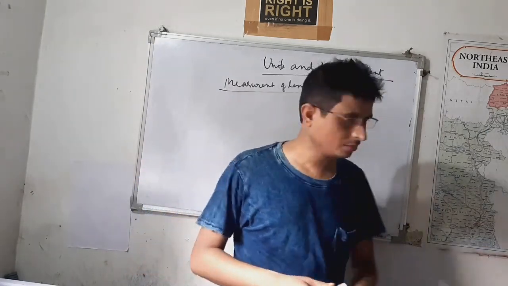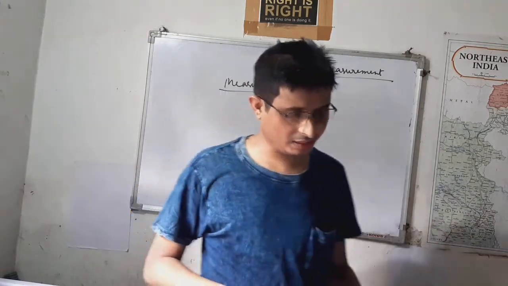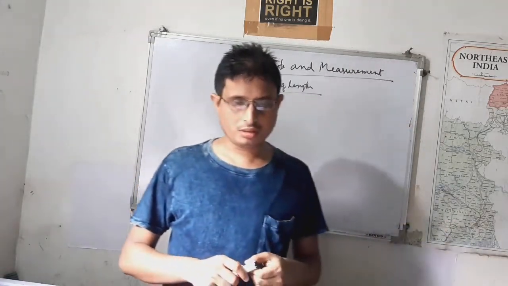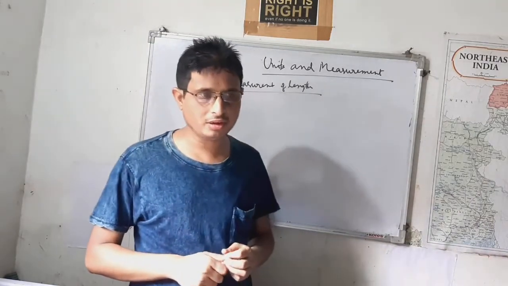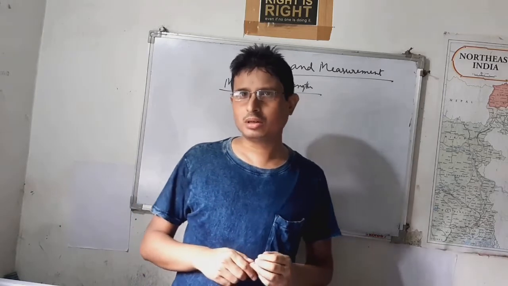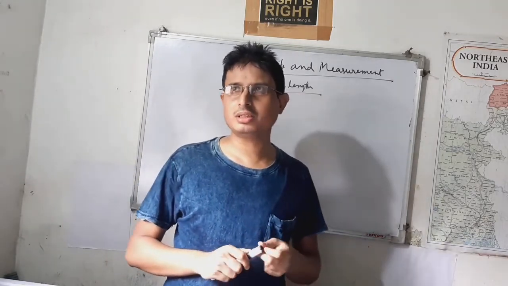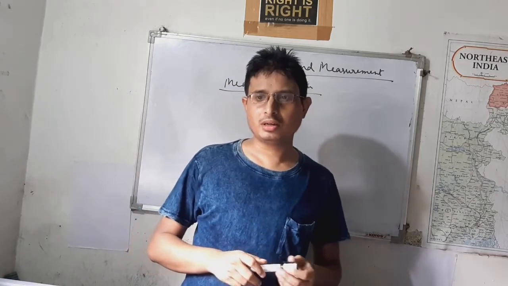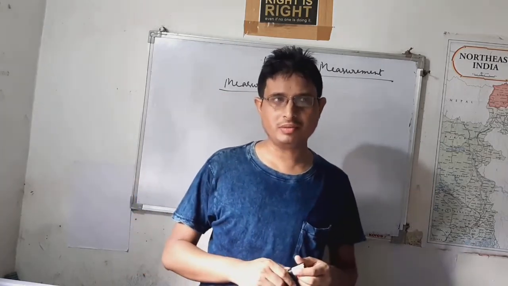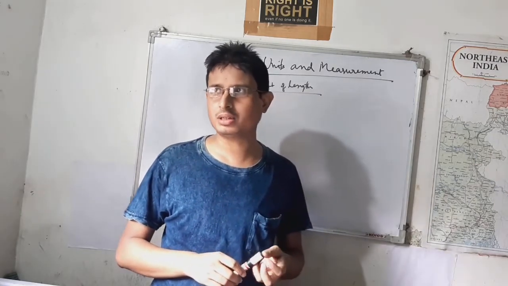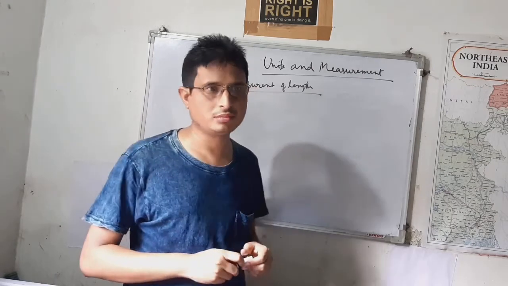So there are numerous ways of measuring length. For small measurements in day-to-day life, we often use rulers. In general, a ruler is a simple scale, which you find in the instrument box, with a least count, that is, it can measure a minimum length of 1 mm.